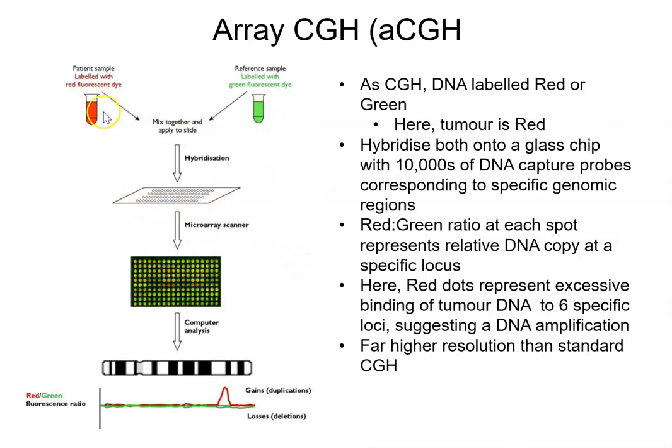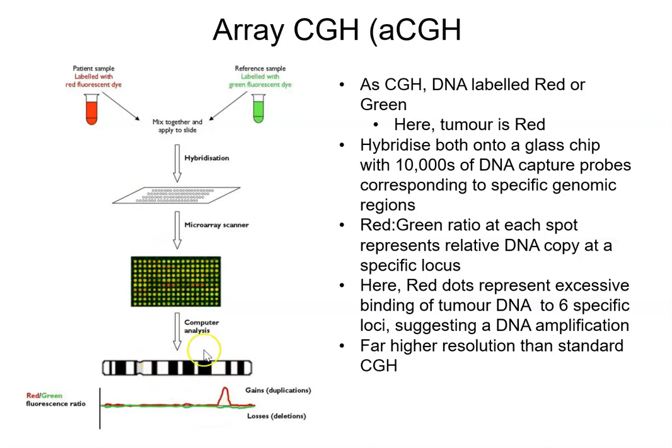and when you hybridize them together, if your tumour DNA is labelled green, reference DNA red, if some of these dots glow bright green, then there's an excess of tumour DNA at that particular location, and we know the location of that dot with reference to a particular chromosome.